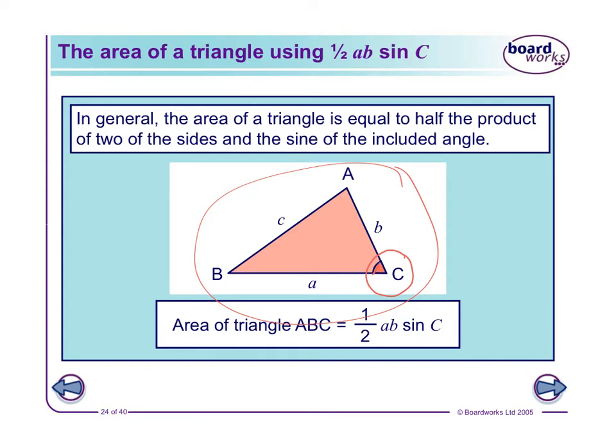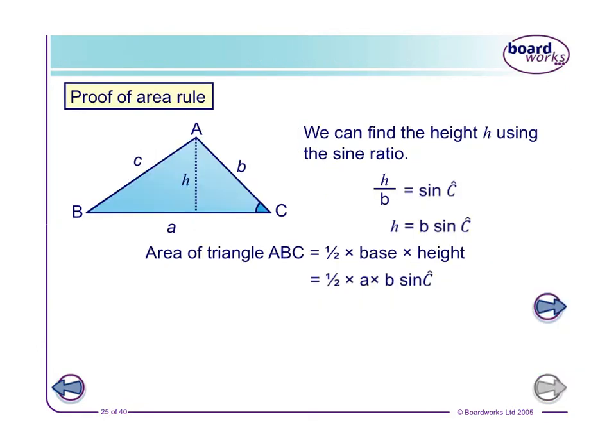Now, this one's been shaded in, so you know that one has been given. Half of the side times the side that is trapping that included angle. Okay, so half of AB sine of the included angle. So let's have a look at the general proof on the next slide, and then we'll do some number examples. We'll come back to the proof in a second.